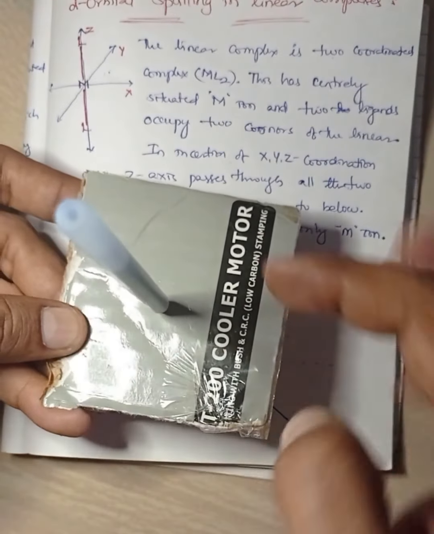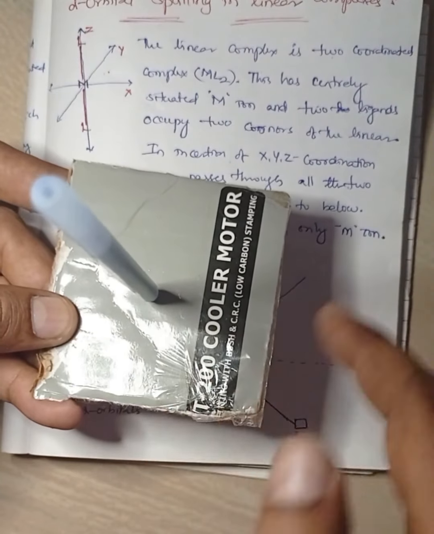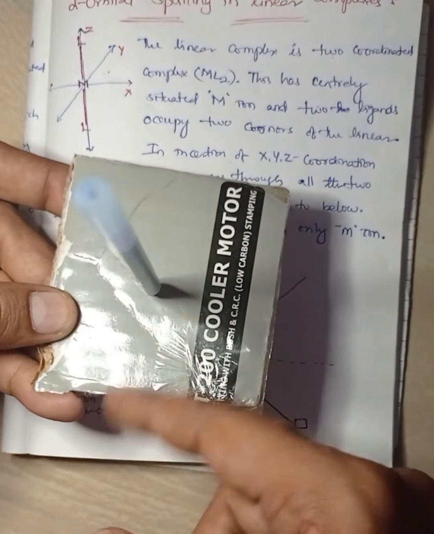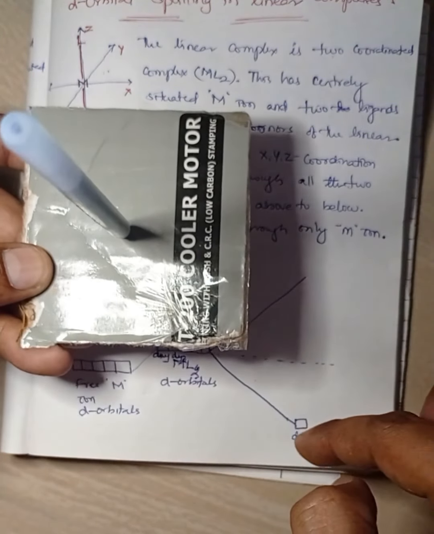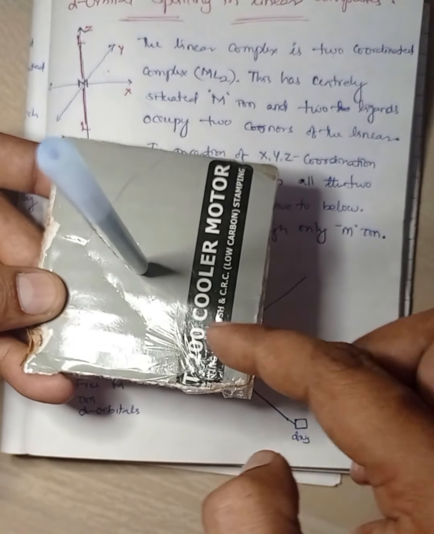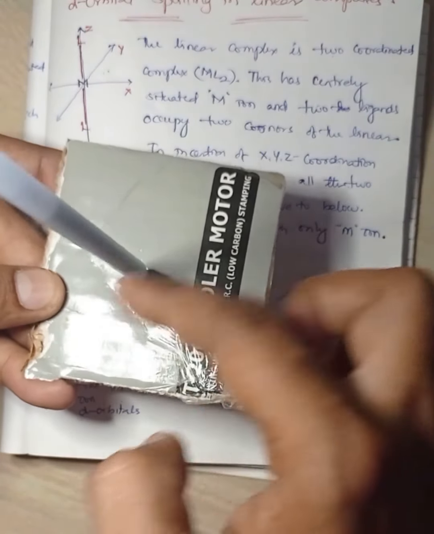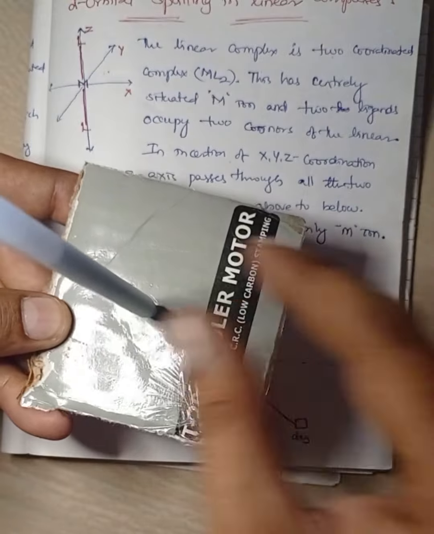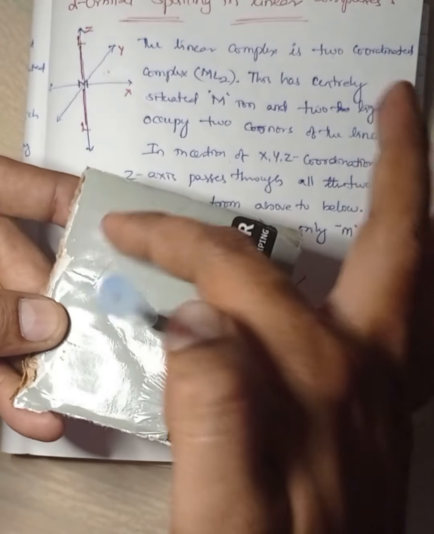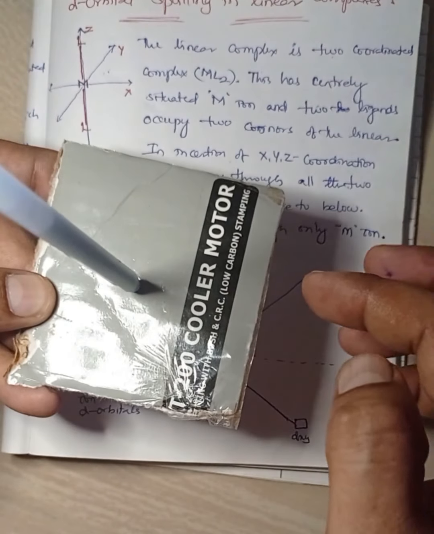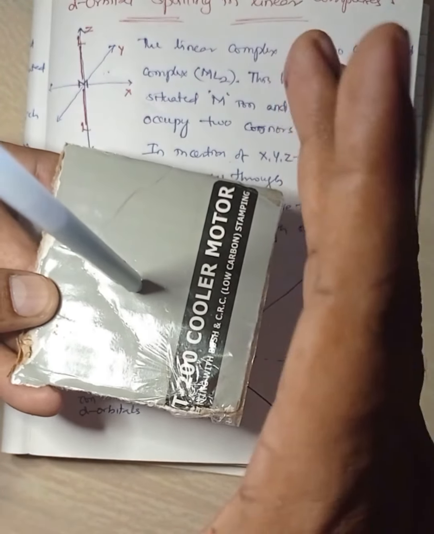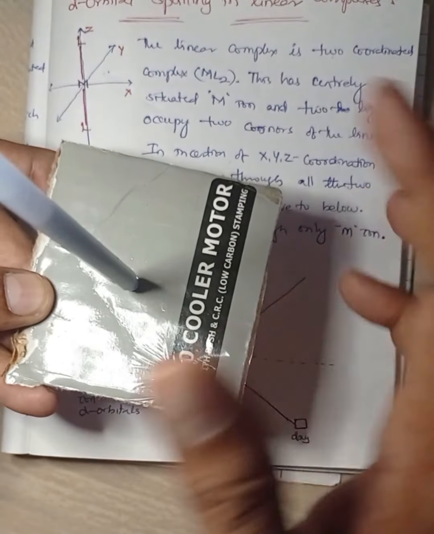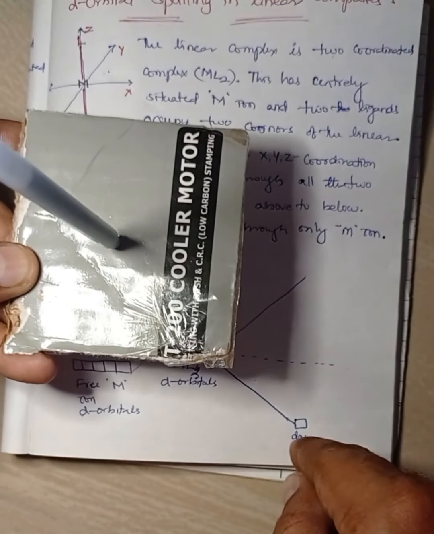Left and right is the x-axis, front and back is the y-axis. On left and right there is no ligand site, and on the y-axis also there is no ligand site. The dx y lobes are here, here, here and here, where the ligands are above and below. These ligands cannot interact with the dxy orbital, which is totally away from the ligand side, so it reaches the lowest energy level.